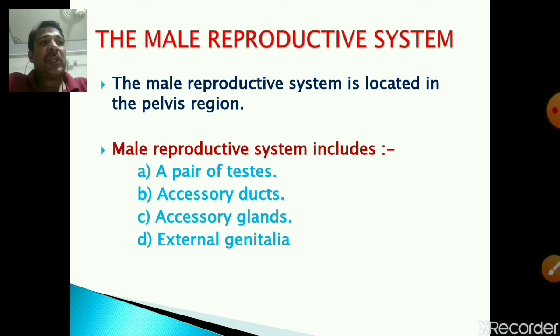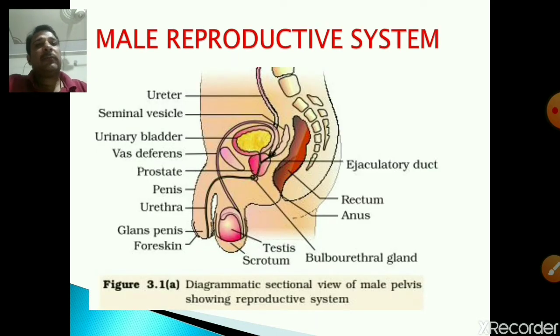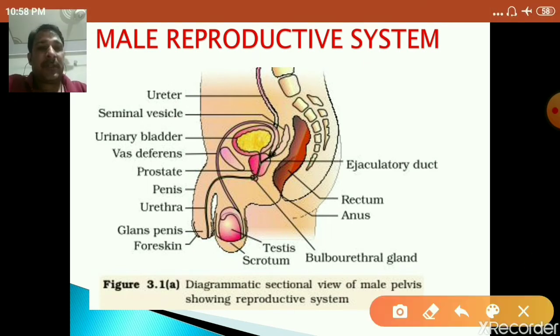One pair of testes, accessory ducts, accessory glands, and external genitalia. That diagram shows all the male reproductive system's parts.